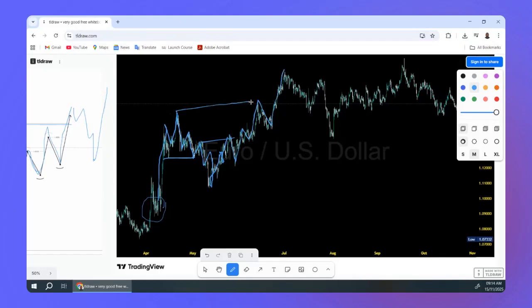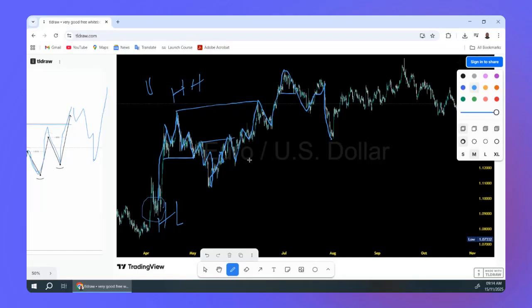until it breaks the structure of our previous swing high point. This was the swing high point, and this was our swing high low point. So after breaking this structure, we see the market starting to retrace back and breaking other internal structure, which we call internal BOS.